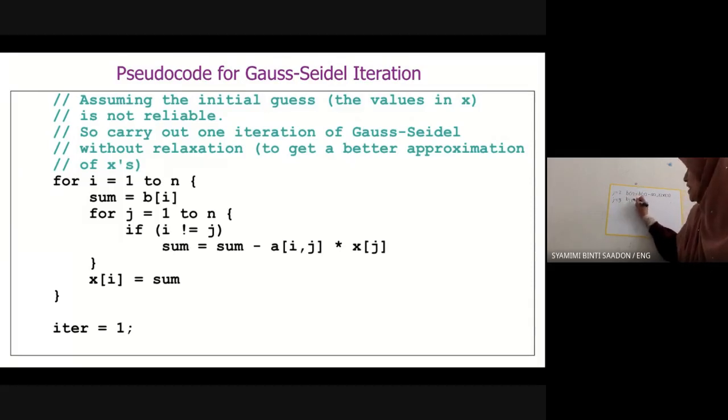B is still B1. So for the sum here, the computer will read the previous sum in J2 that you get, not only this B1, not this B1 sum.